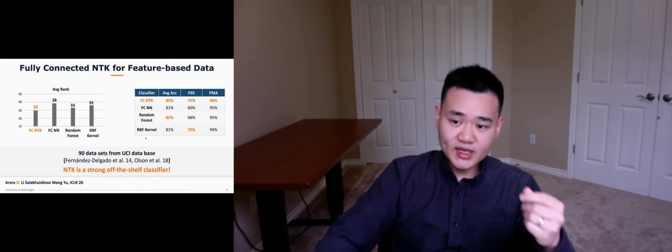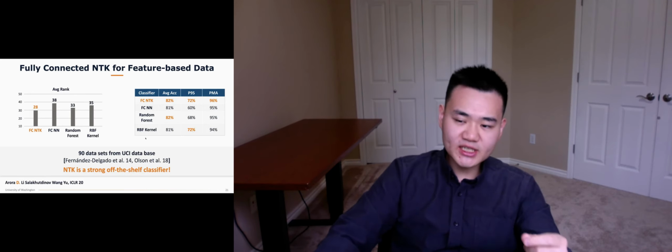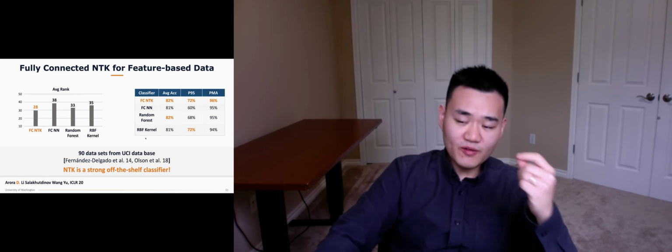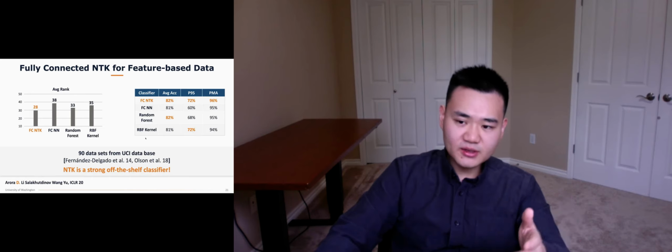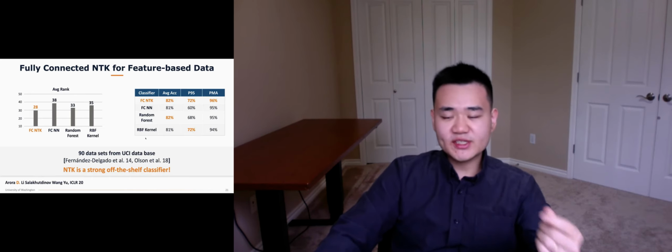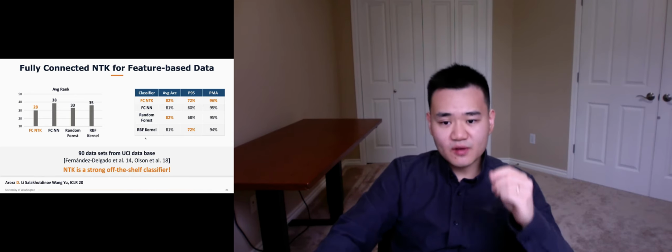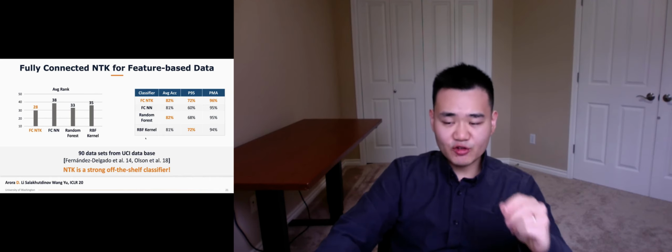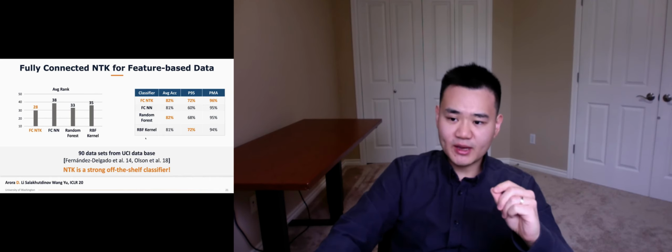As a result, this fully connected neural tangent kernel actually performs better than all other classifiers, including the previous champion, the random forest, in terms of all the metrics: average rank, average accuracy, P95, PMA.